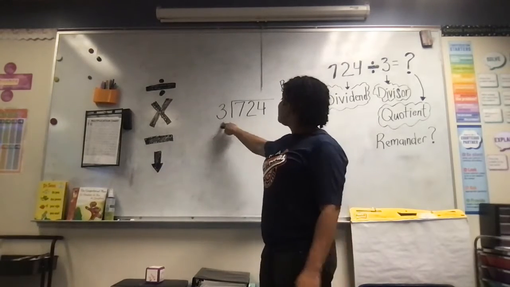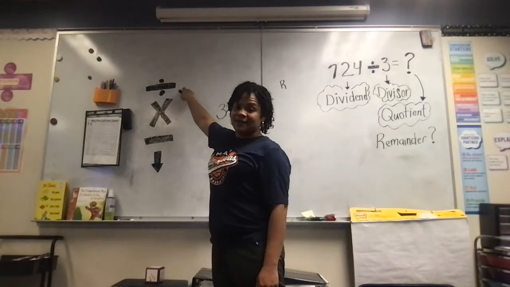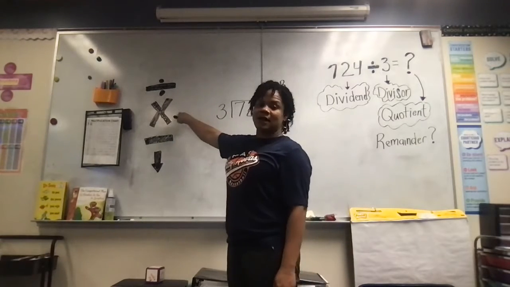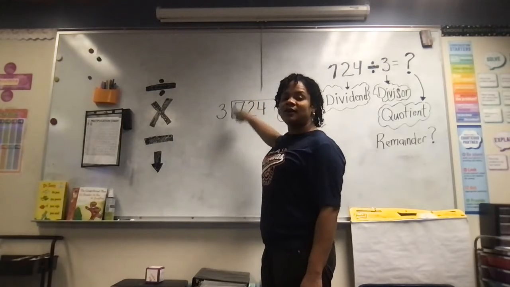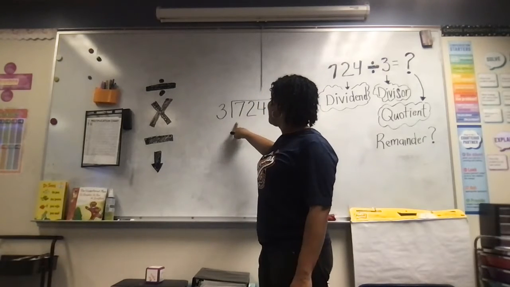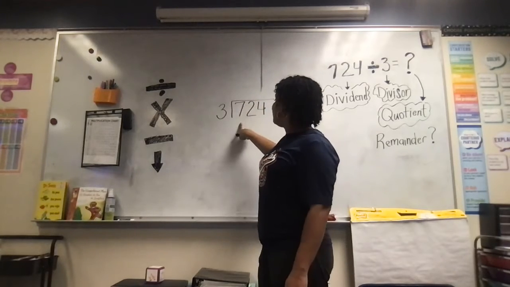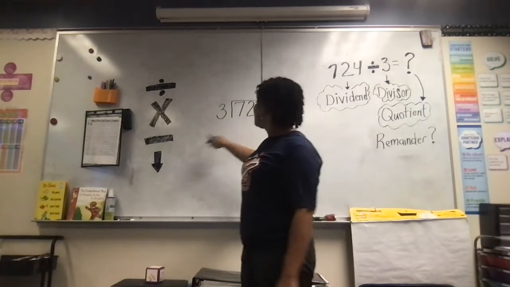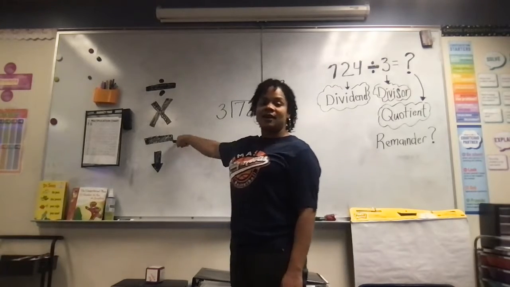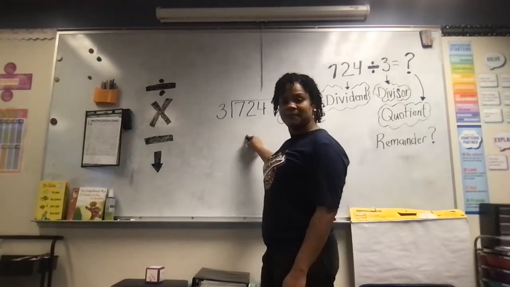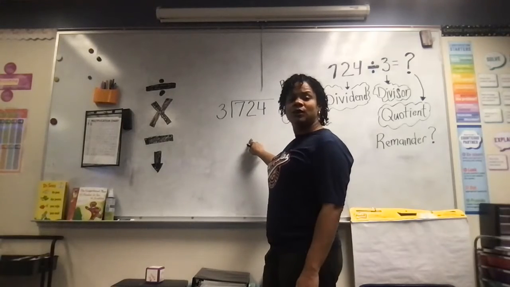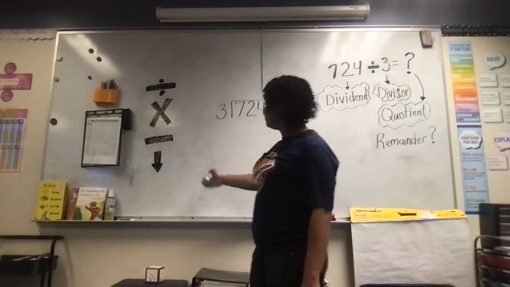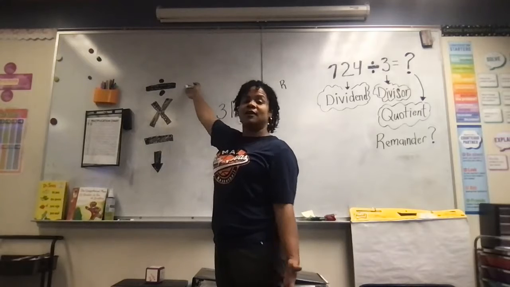Then we multiply: we take 3 times whatever number we put, and drop it here. Then we subtract. After we subtract, we bring down the 2 and get ready to repeat it all over again.